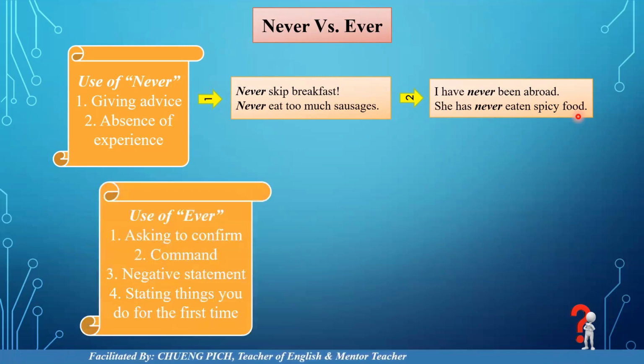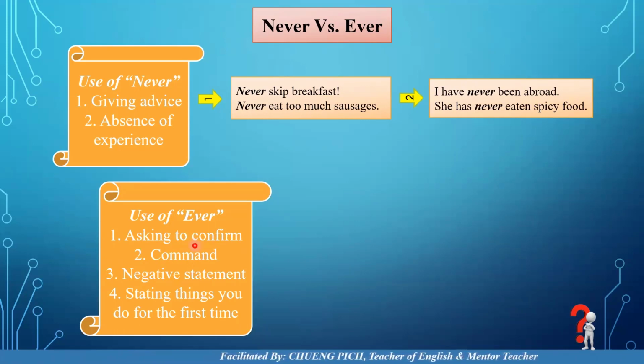All right, now the use of ever. Here we have four points I just want to share with you. The first one, asking to confirm. We use ever to ask for confirmation. Number 2, to give a comment.